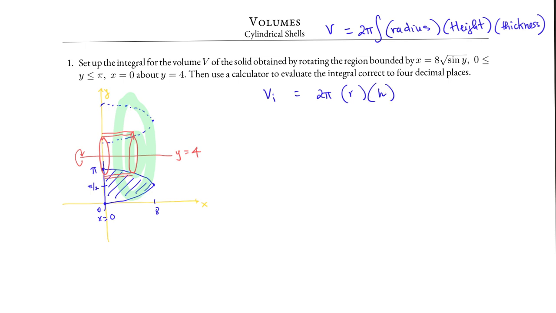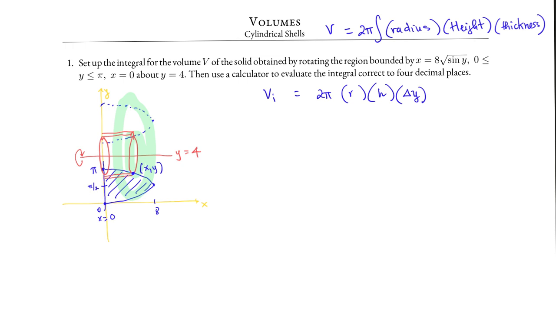Since we draw the cross-section parallel to the axis of rotation, which is y equals 4, the cross-section is perpendicular to the y-axis. Thus, the thickness is delta y. As usual, we label the point on the curve at the cross-section x, y. That means the horizontal distance from the origin to the point is x, and the vertical distance from the origin to the point is y.